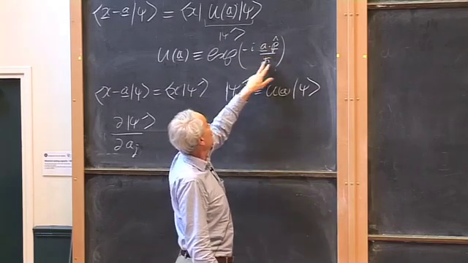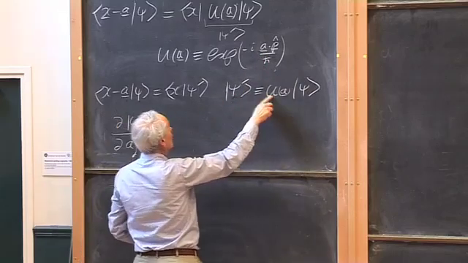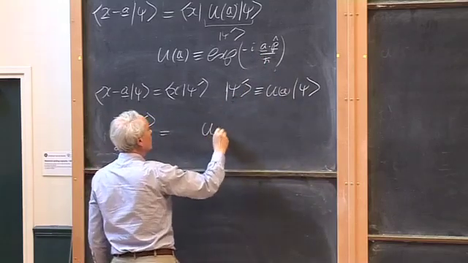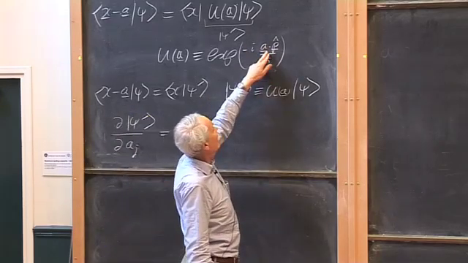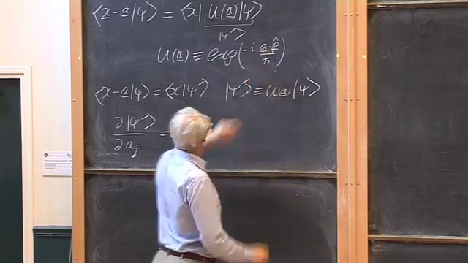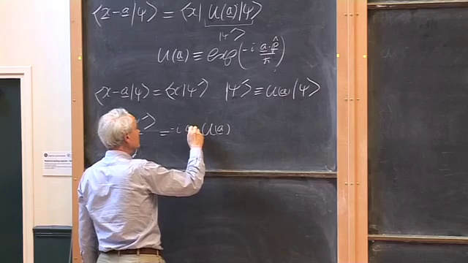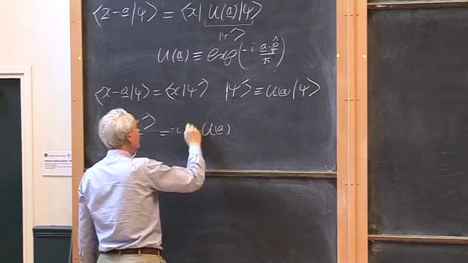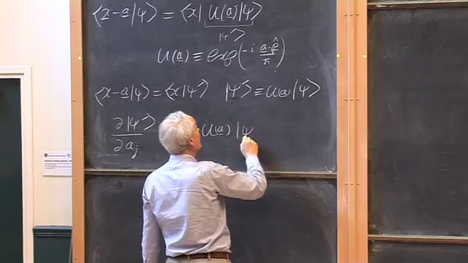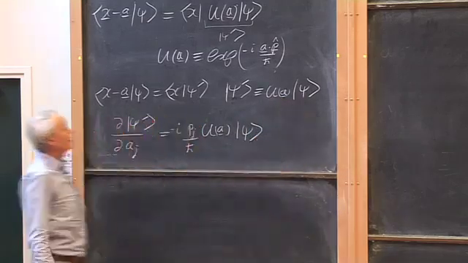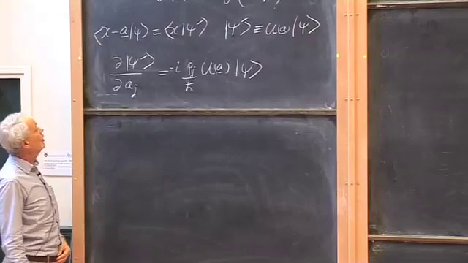That's just by the magic of the power series that defines the exponential. So differentiating U, we're going to get back U. But we're also going to get the derivative of this with respect to a sub j, which is going to be minus p j over h bar. And then, of course, psi will stick around because psi is not a function of a.